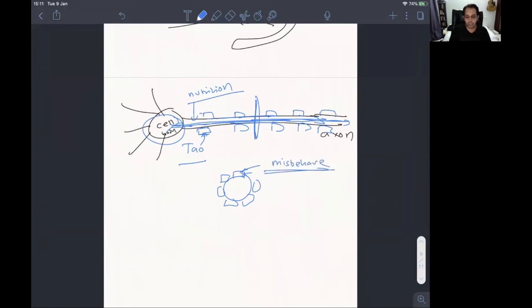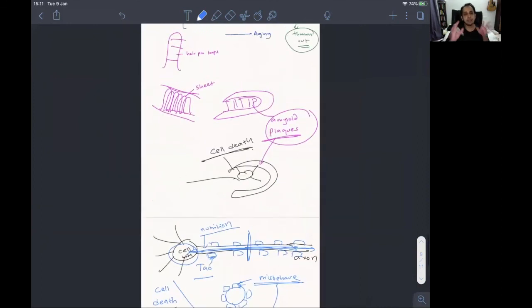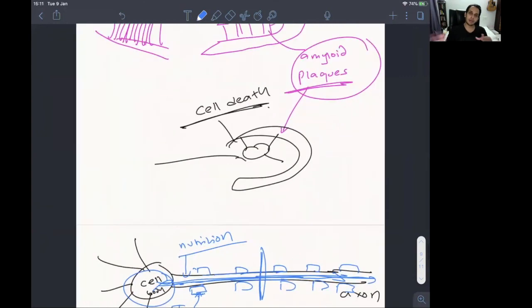Long story short, because of this tau misbehaving, the axons don't function properly, there is loss of nutrition, and there is cell death. Again, I didn't want to go too much into depth, but this is the basic concept. There are amyloid plaques and there are tau proteins, and both of them come together to cause cell death. And when I say cell death, I mean neuronal death.